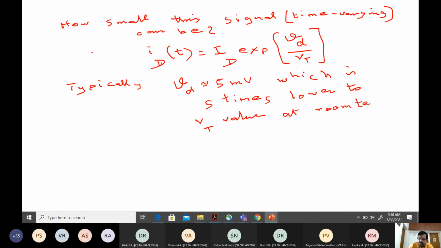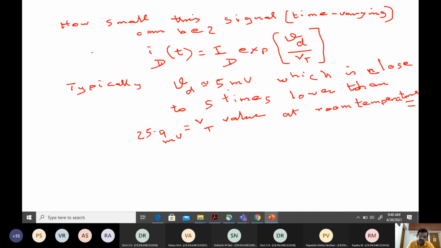We know that at 27 degrees, V_t is 25.9 millivolt. So 5 millivolt is close to 5 times lower than the V_t value at room temperature, because V_t at room temperature is 25.9 millivolt. Typically this is the value.